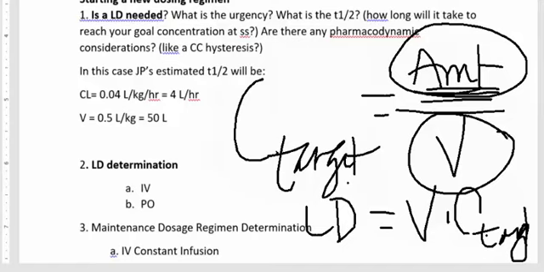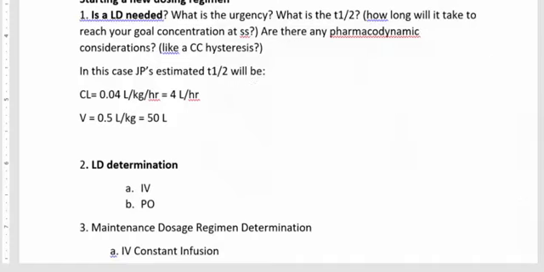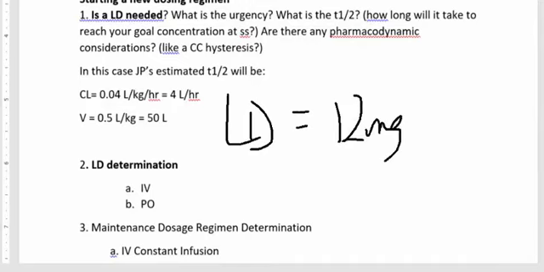Let's check our units to make sure that makes sense. Loading dose is going to be in, let's say, milligrams, or an amount. Volume will be in liters, or a volume, and our target's going to be in, let's say, milligrams per liter. So milligrams per liter times liters gives us milligrams. Yep, that works out. I always check my units to be sure it all works out. So if that's what we're doing here, our loading dose is going to be equal to our target concentration. We said 12 milligrams per liter.